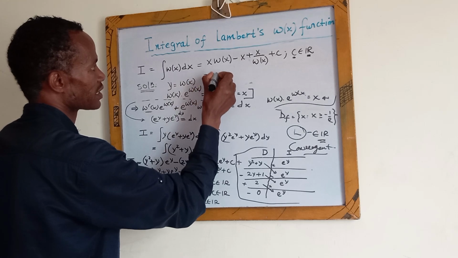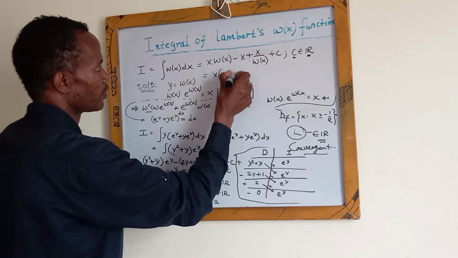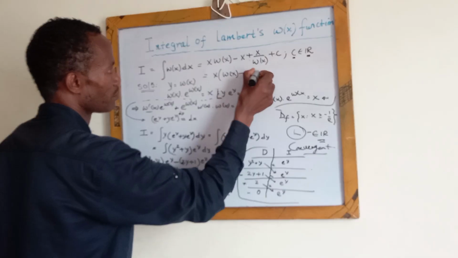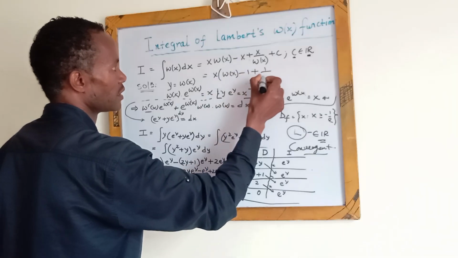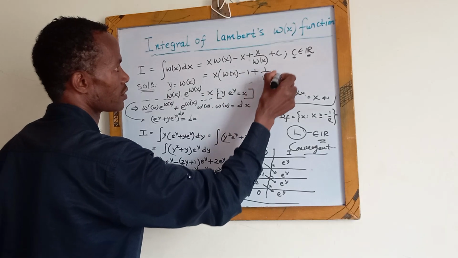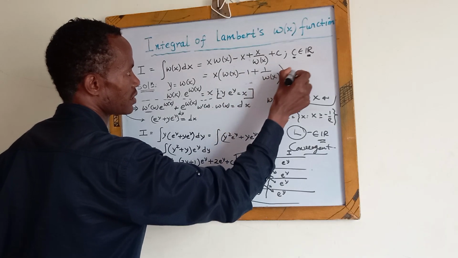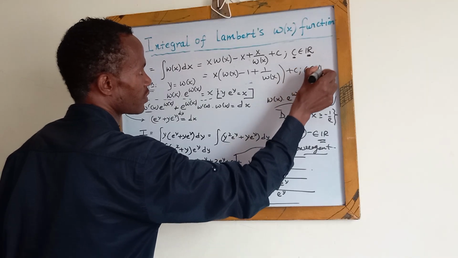So finally we get x times (W of x minus 1 plus 1 over W of x) plus c, where c is an element of the set of real numbers.